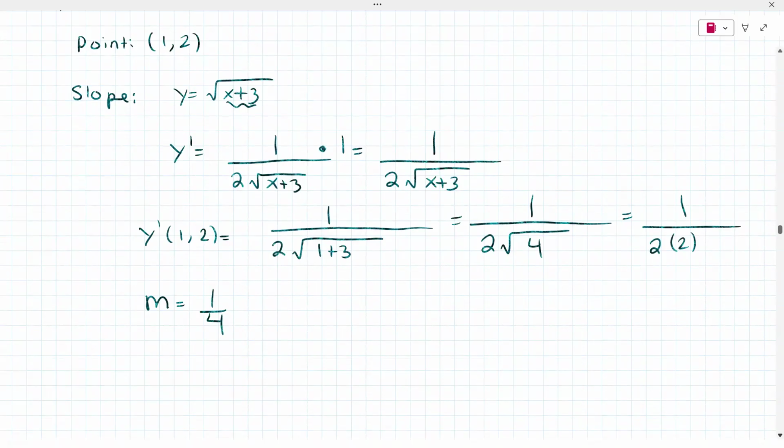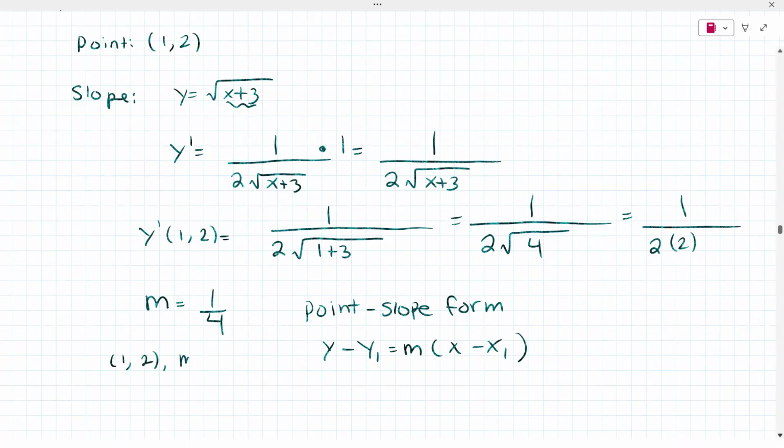So we've got to find the equation of the tangent line. So we're going to use point slope form. If you recall, point slope form is y minus y1 equals m times x minus x1. We have a point at (1, 2).